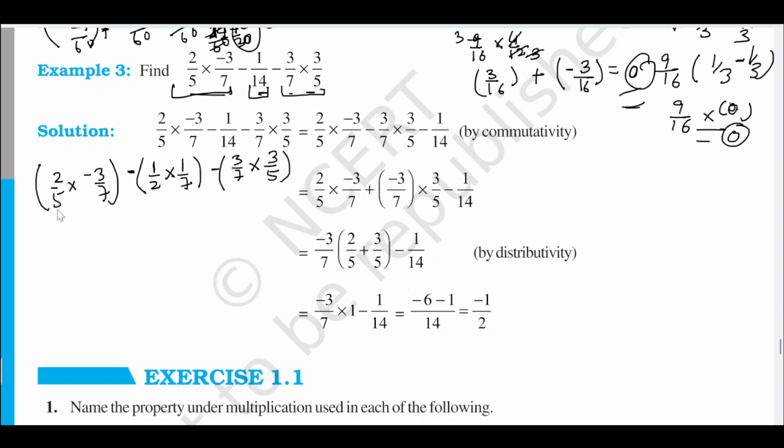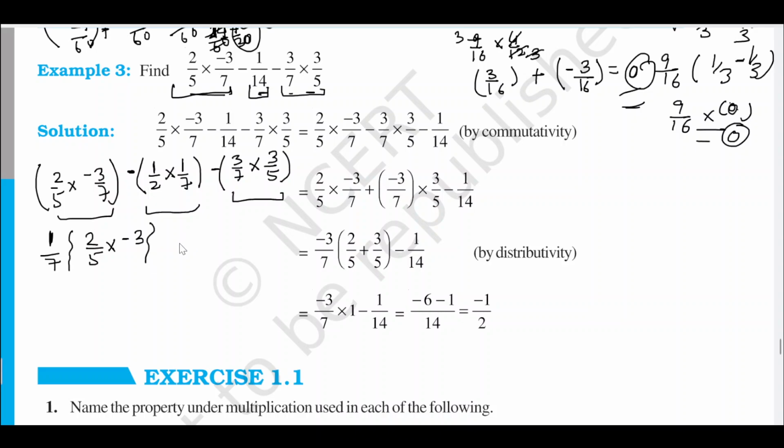Now, one thing we are seeing common in these groupings is 7. So we will take 1 by 7 outside.